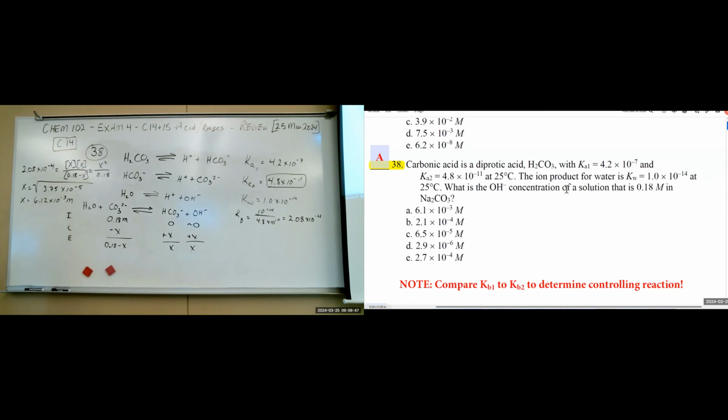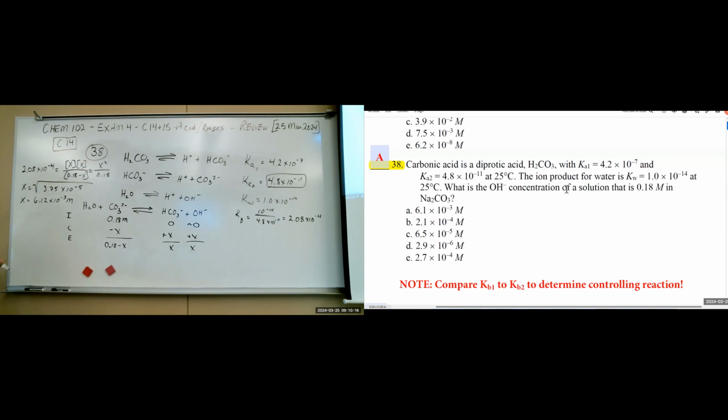Now, if you want to be sure that this is correct, you would do a compare with 5%. In order to do that, you would take this X, put that X back in here, and solve for X again.